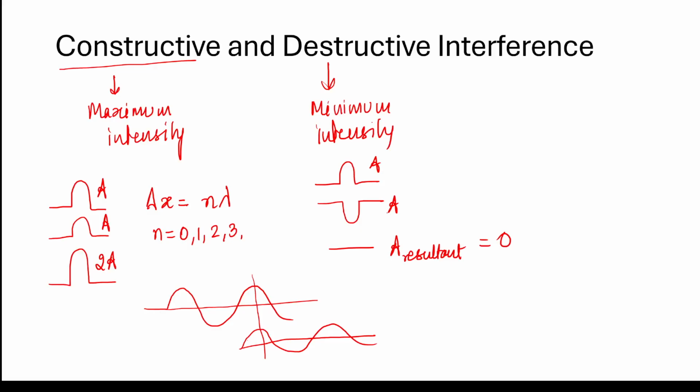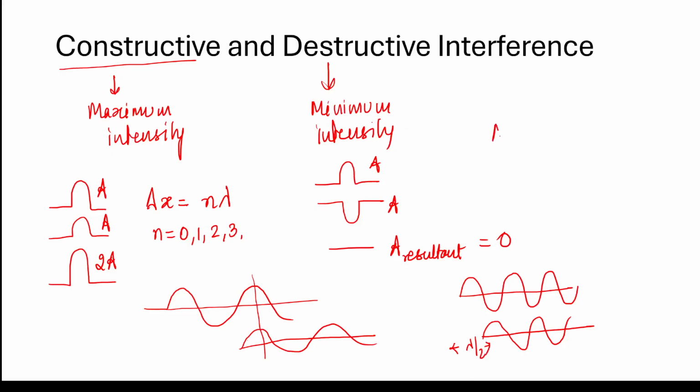If it is destructive, let's try and draw a diagram here. So if you want a destructive, you want a peak to coincide with a trough. So what's the minimum you want? When you have a trough, what you want here is a peak, a trough, a peak, a trough, and so on. So see, what's the minimum path difference here? Lambda over 2.